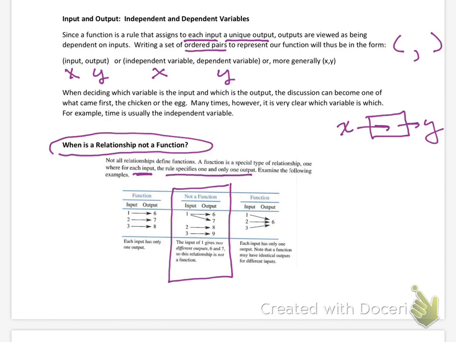You don't get 2 outputs, you get 1 output. They happen to be the same output, but that's okay. Each input generates only 1 output. Even though the outputs are identical, you're not having an input generating multiple outputs. That's an important distinction.